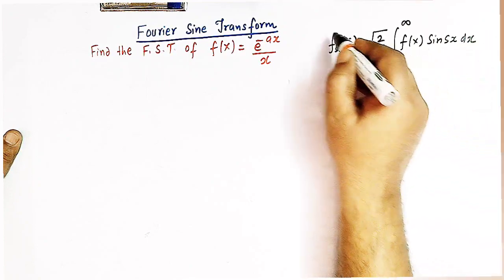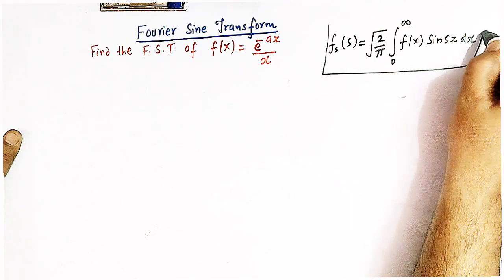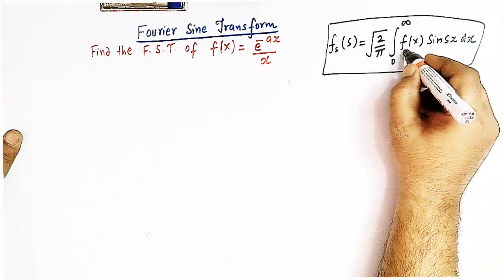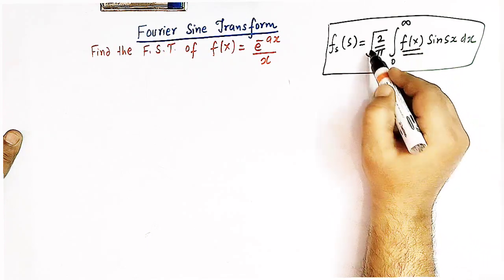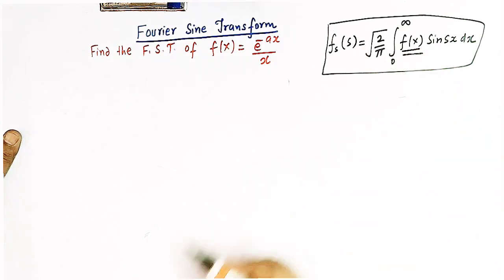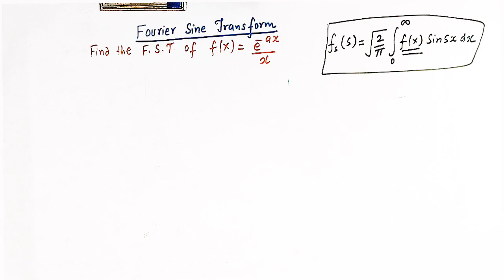So this is the Fourier Sine Transform, and the coefficient we are using is square root of 2 over pi.